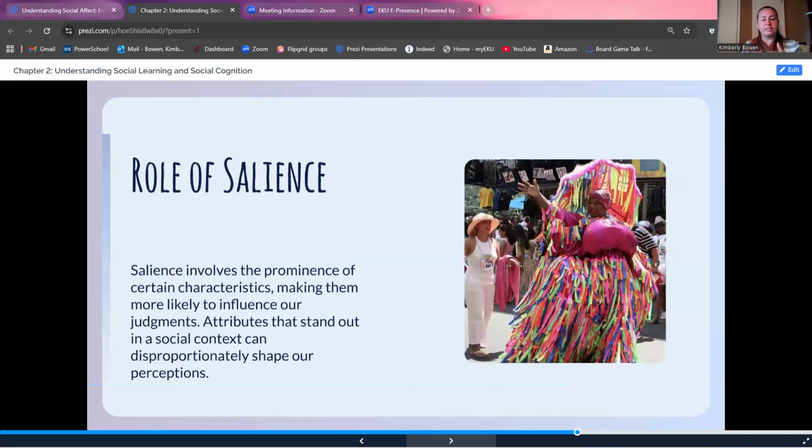All right. And then salience. Salience is just how prominent certain characteristics are, and things that consistently, again, stand out in social context. And these, again, are going to be things that, over and over and over again, statistically, my brain has said that waving at a person as I'm driving by is the thing I'm supposed to do. So that is what I do. I do this because, despite some of the times it not being rewarded with that positive wave back, right?